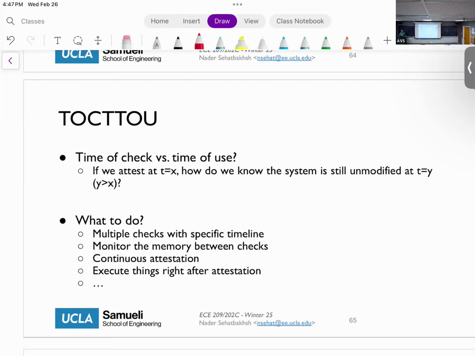You can randomize the check so that the opportunity for the adversary to do the attack is much less. There are tons of different solutions that different people have thought about. Eventually, there is no guarantee against TOCTOU unless you do some form of runtime checks. But there are ways to reduce the chance of a TOCTOU attack if you want to. Okay.